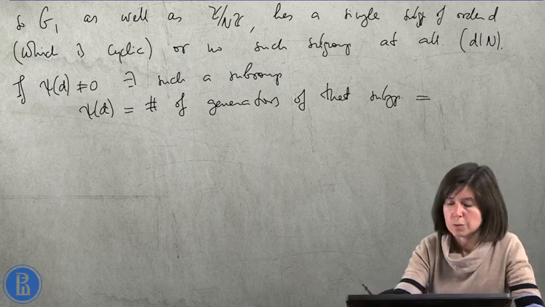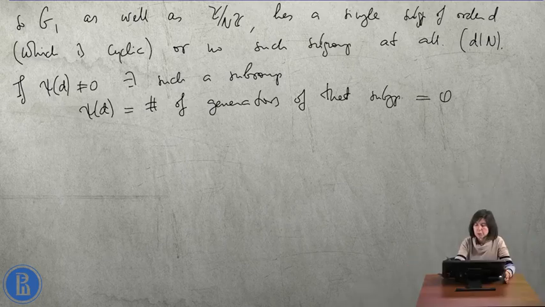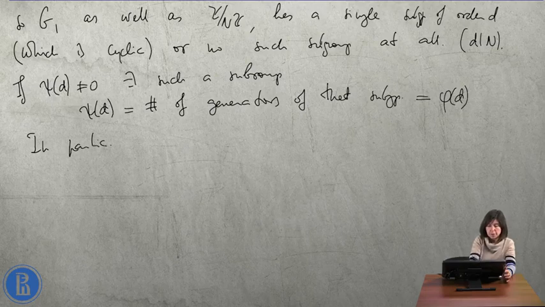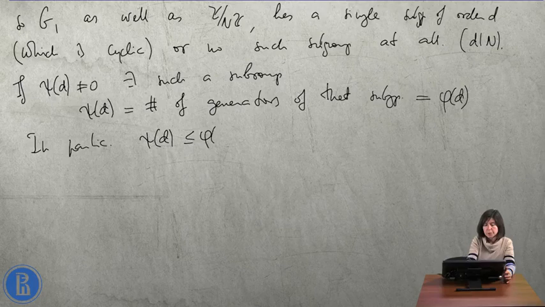Obviously this is the same thing as phi of d. So whenever psi is non-zero, it is equal to phi. In particular, psi of d is always less or equal than phi of d.